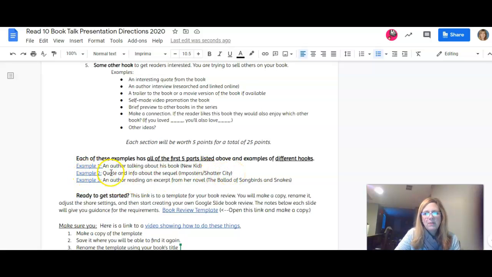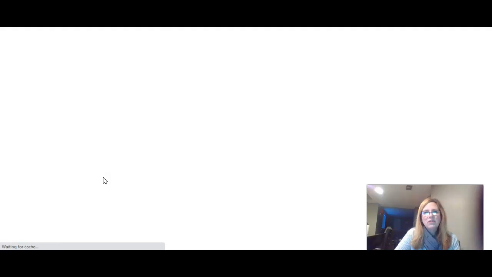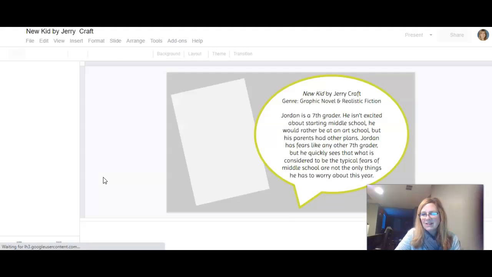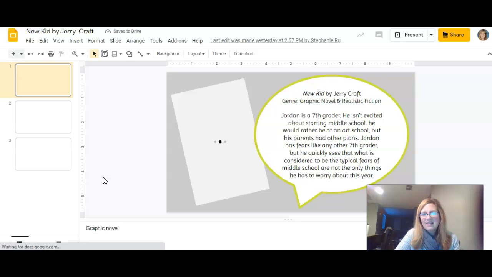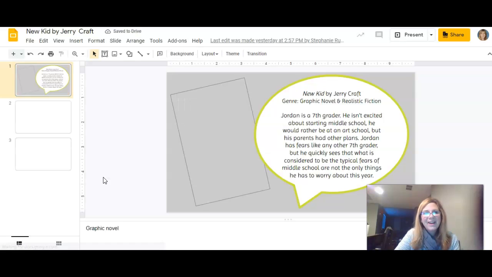So this first one is about a book called New Kid, and this has a link to an author talking about his book. This one is a quote and information about the sequel. This one is an author reading an excerpt from her novel. So when you open these up, I want you to notice each one's going to have 3 different slides, and what is on each slide is very organized.